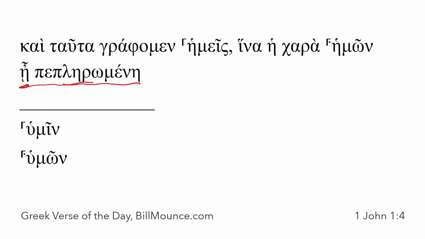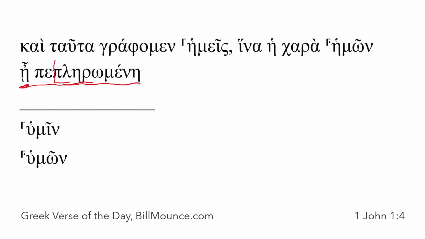Originally, periphrastics were created to emphasize the ongoing aspect of the verb. That is pretty much dropped out, and you just translate them as a regular indicative verb. When you have the imperfective eimi and a perfect participle, it's technically a periphrastic pluperfect. So you translate this: in order that our joy, because it's subjunctive, might be fulfilled.